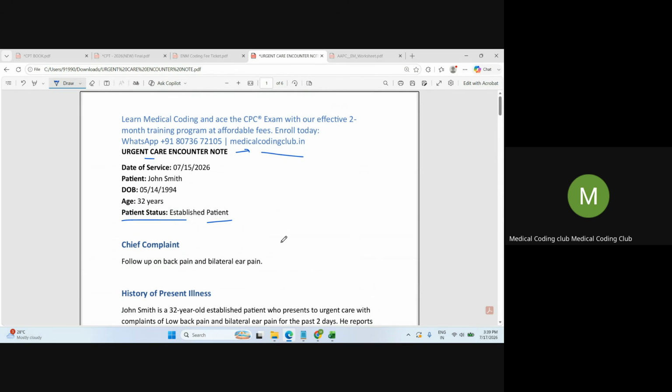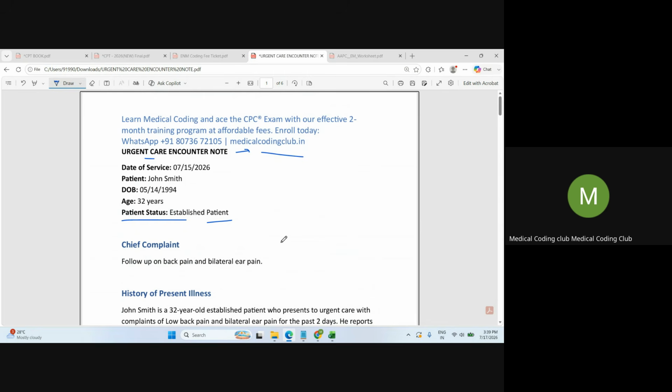That's why we first need to check whether the doctor has signed the report or not. Nowadays it will be electronically signed. At least an electronic signature helps us understand that yes, the provider has gone through this report. That is what the signature refers to.